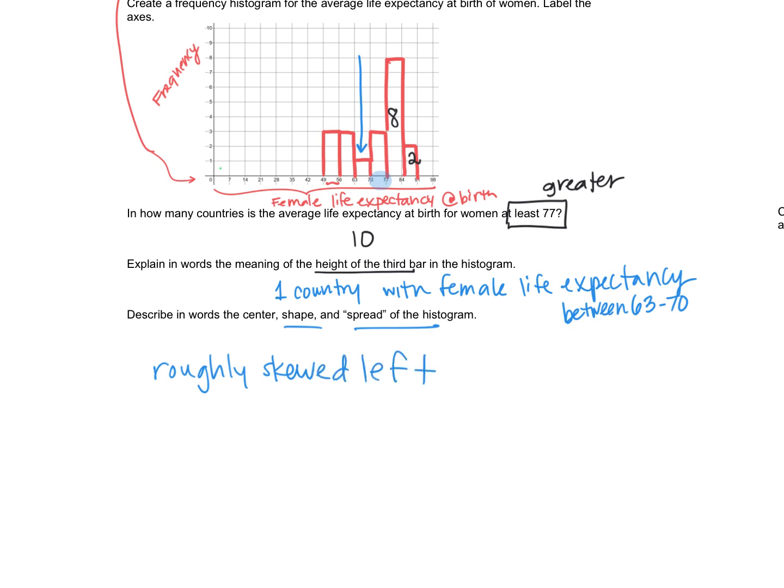That's because there's no data, no data, no data, and then it comes over here. And remember that skewed left is because there's nothing going on on that left side. The life expectancy from birth, the range is from 49 up to 91.